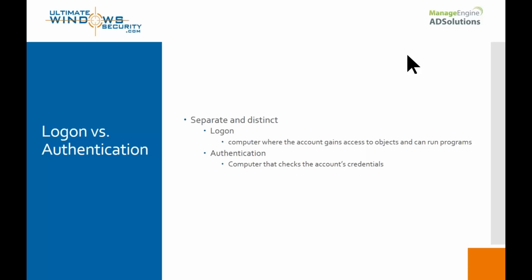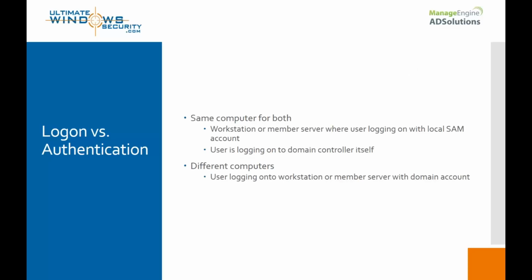Okay, examples. It could be the same computer for both. So if I come up to our workstation and log on with a local account in that workstation, then the logon and authentication are occurring on the same computer, and therefore the events will be recorded in that one security log on that workstation.